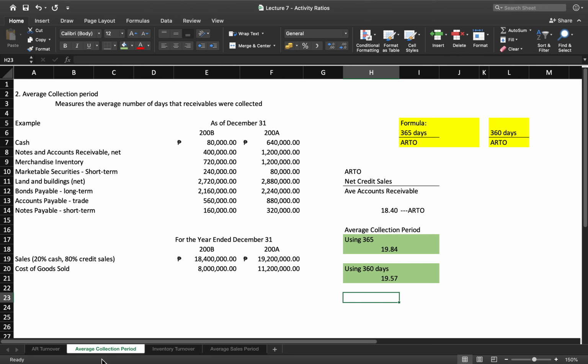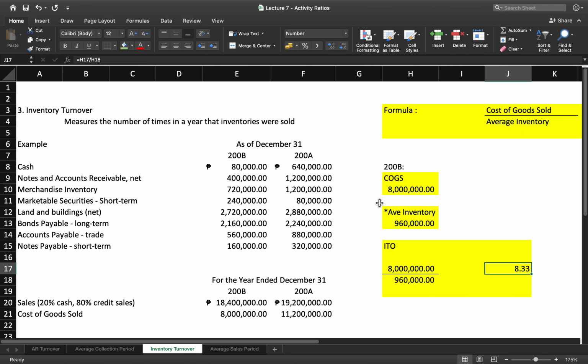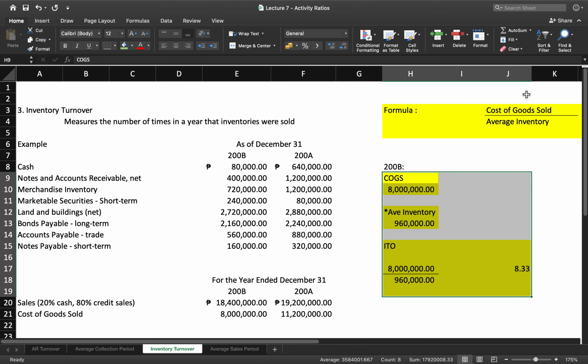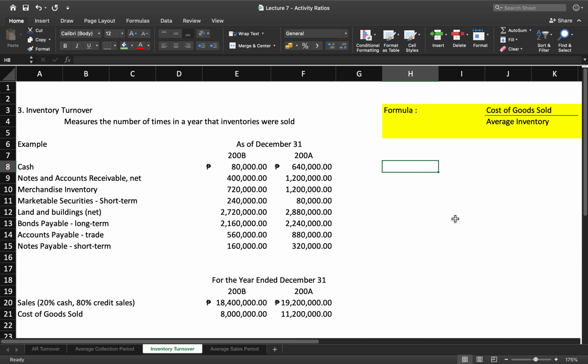So, the next formula would be inventory turnover. Okay, so what is inventory turnover? What is its definition? So, inventory turnover measures the number of times in a year that inventories were sold. So, ano daw? Ito daw yung number of times na nakakabenta daw tayo ng inventories natin within 1 year.